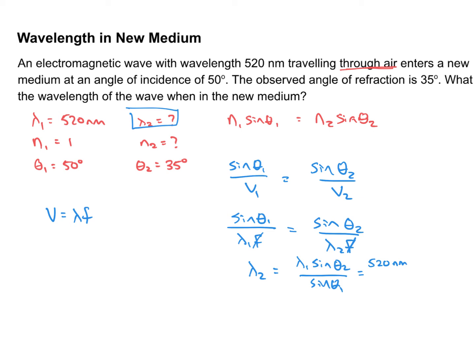I don't need to convert it because the rest of the equation is unitless, like sine of 35 degrees is unitless over sine of 50 degrees is unitless as well. So my final answer when I calculate this is just going to be in nanometers, which is fine to have an answer in nanometers.